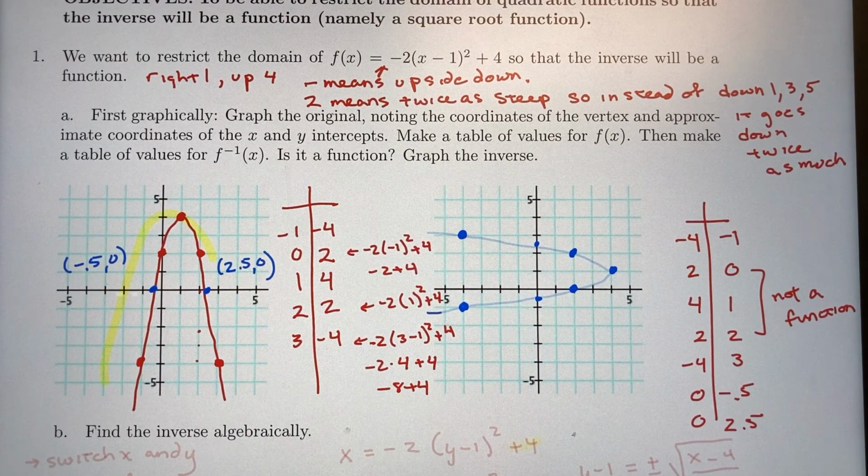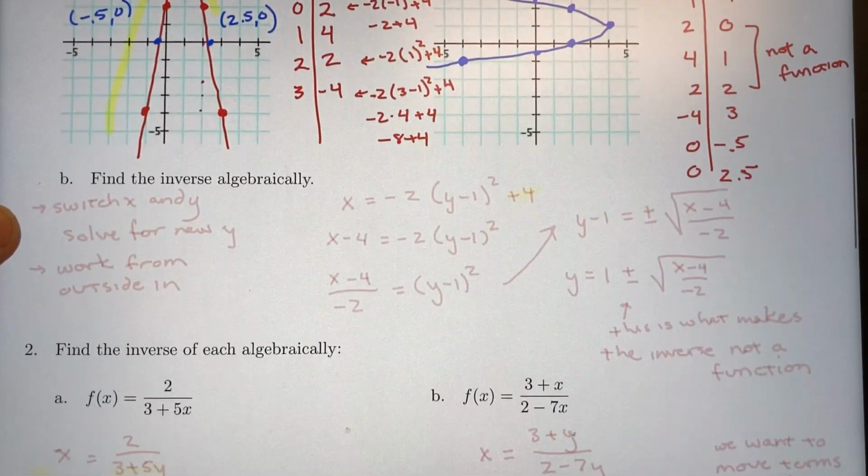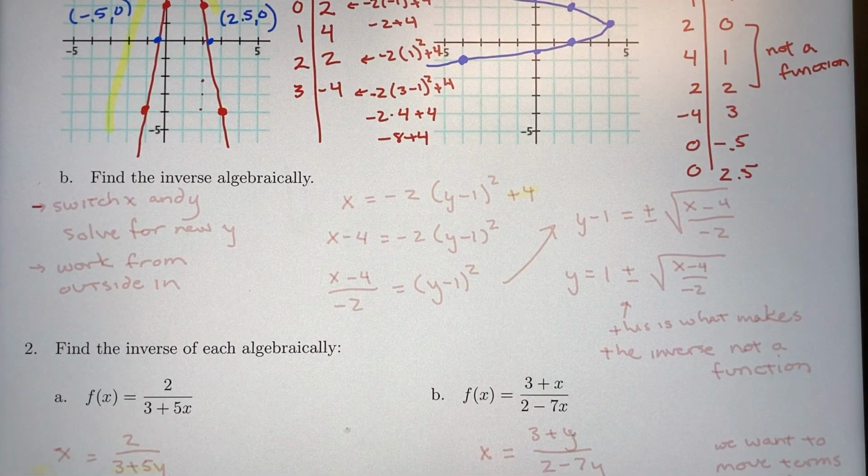Okay, so then we have our sideways parabola. So notice that's not a function. Finding the inverse algebraically, let me just remind you, you switch x and y. You solve for the new y. So you peel things away from the outside in.